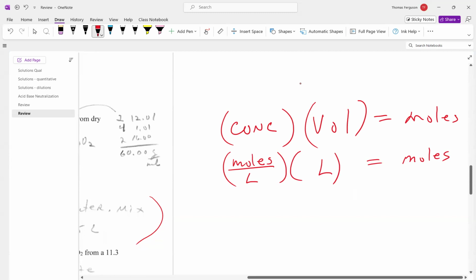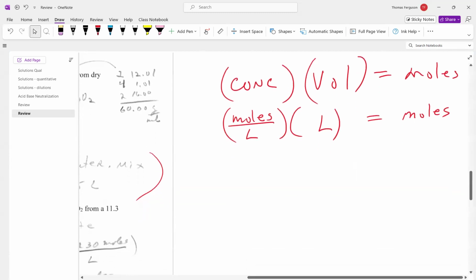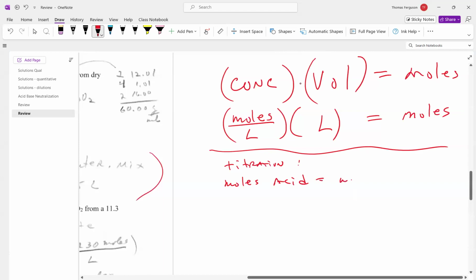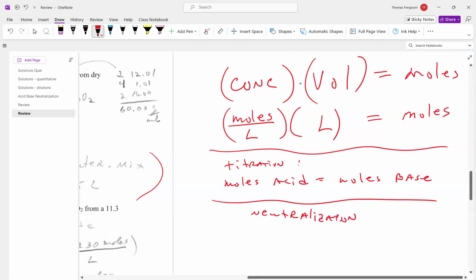You're going to use that all the time. When you're doing titration calculations, same thing. You're talking about neutralization.